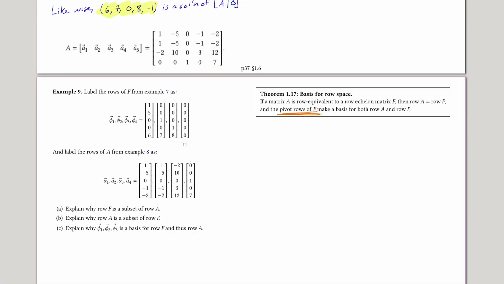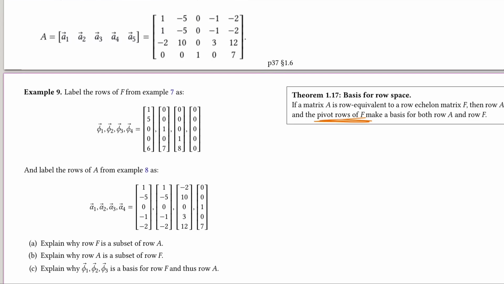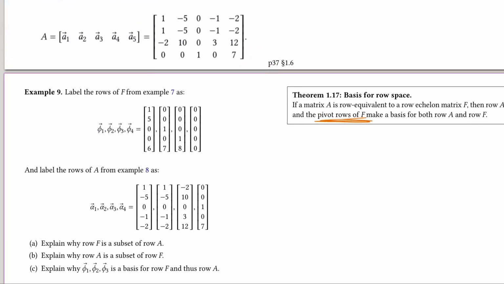Just so we have it in our field of vision, I put the matrix A right here, and I'm using Greek letters to denote the rows. So here's the row 1, -5, 0, -1, -2, but we're writing it as a vector. I always like to write vectors as a vertical column. And likewise, phi represents a row of the matrix F. So Greek version of F there.